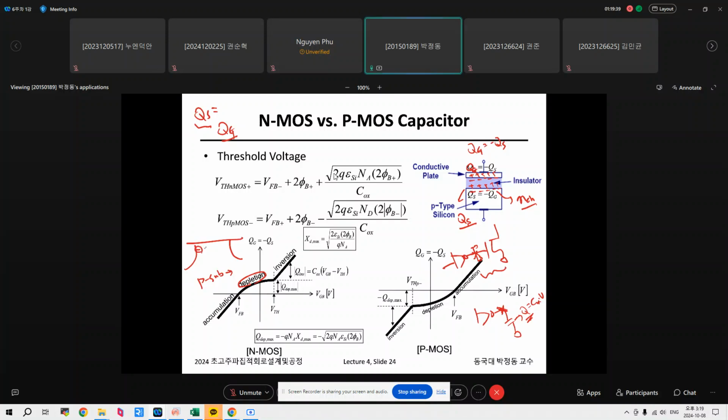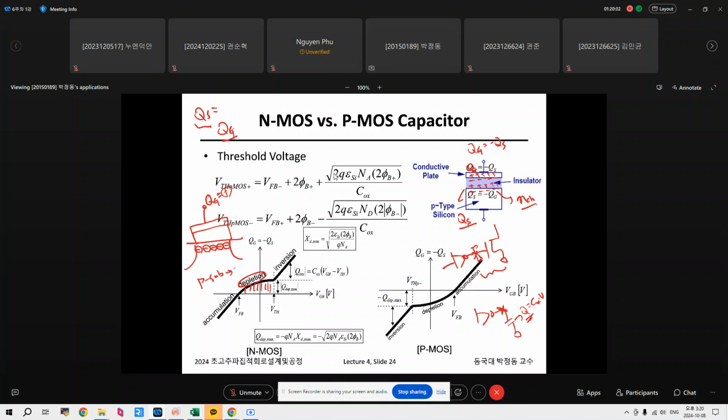Negative in depletion. This is a fixed charge, right? So this is negative, which means if you consider gate charge QG, it is positive. Okay, that's why this is positive.